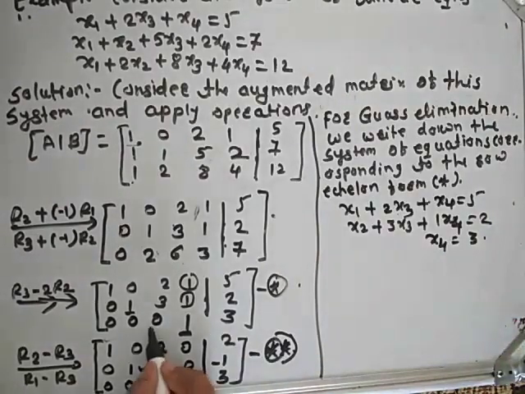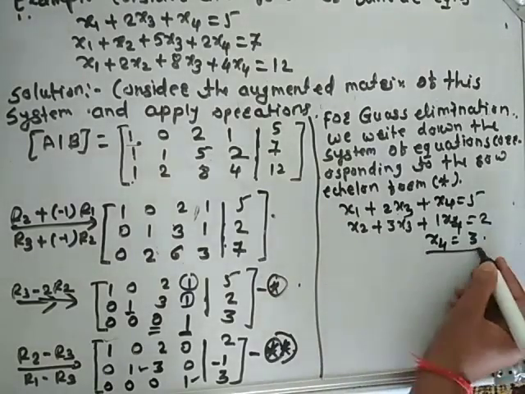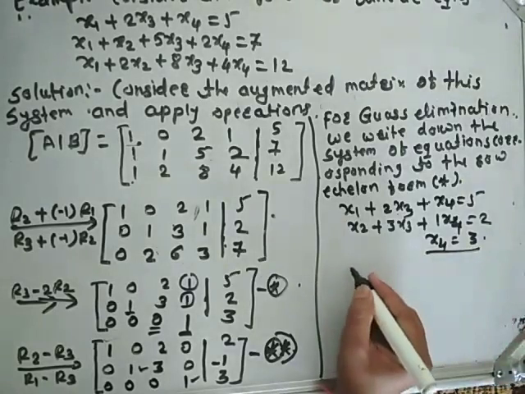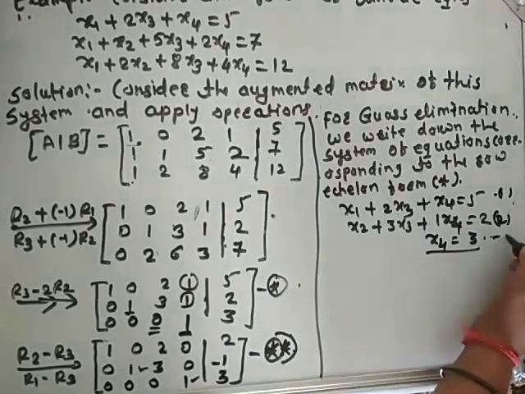Students, see here, column three has no leading one, therefore x3 is a free variable. From that we get x4 is equal to 3. Suppose this is equation 1, this is 2, and this is 3.